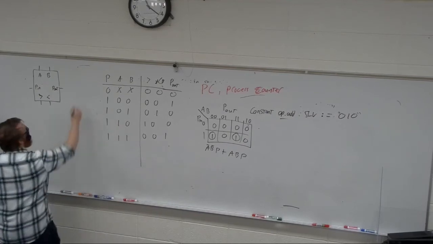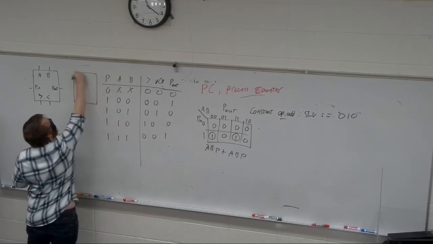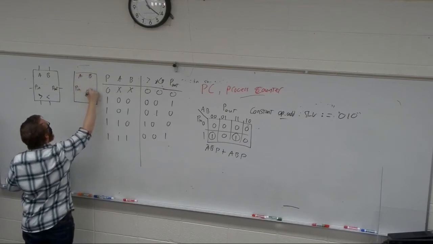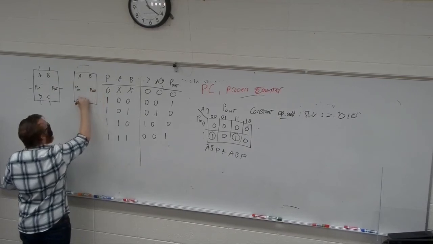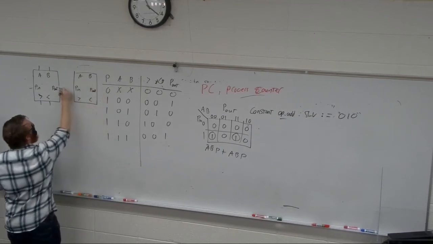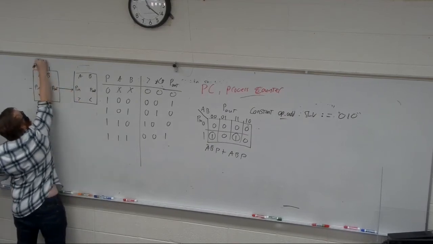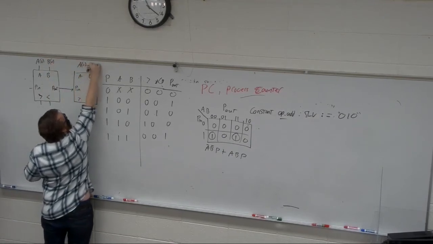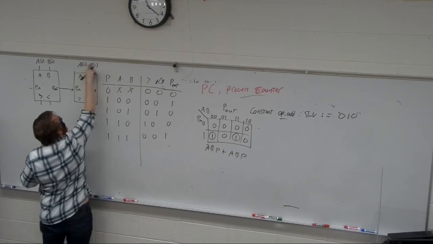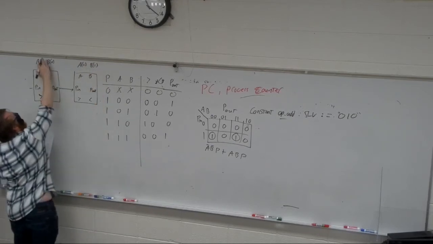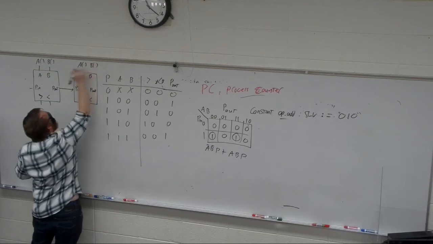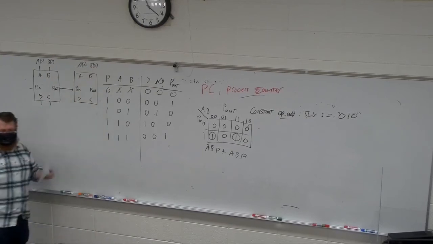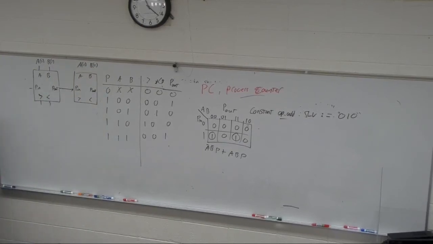And now, if I take a second one of those, I'm trying to build a 4-bit, so I start at 3, right?